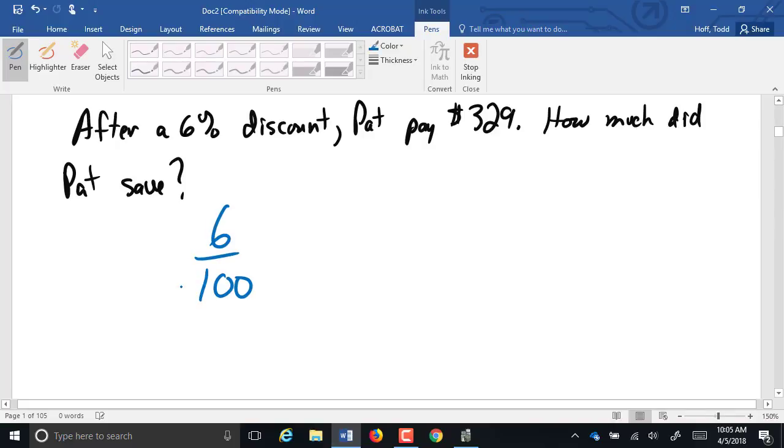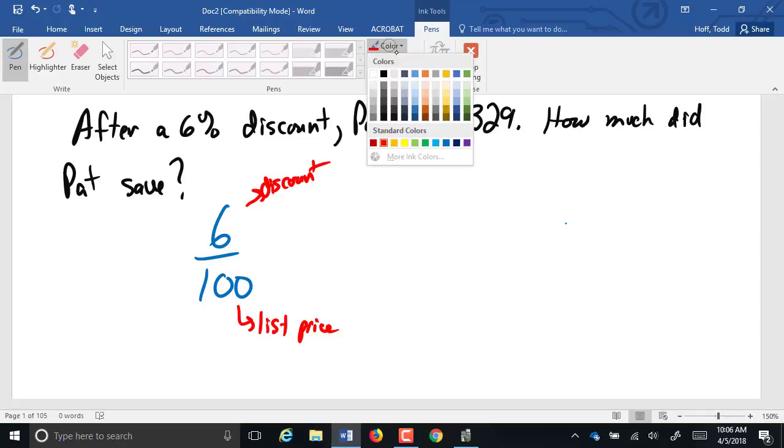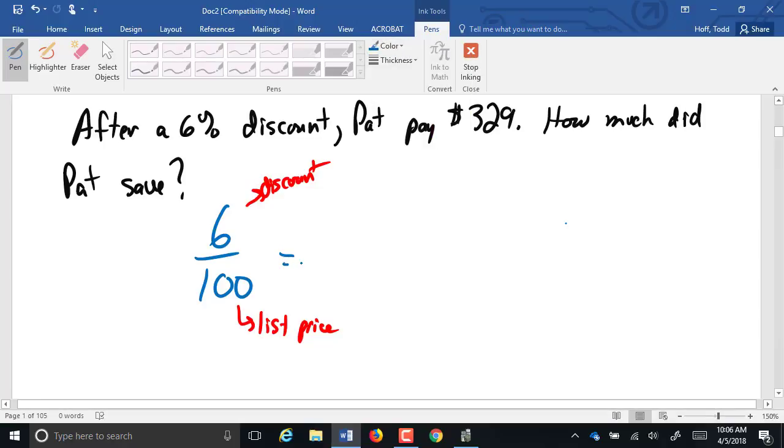If we look at that 6%, of course, the 6% represents the discount. 100% represents the full price or the list price. Are we looking for one of those items? How much did Pat save? Well, that would be the discount, wouldn't it?